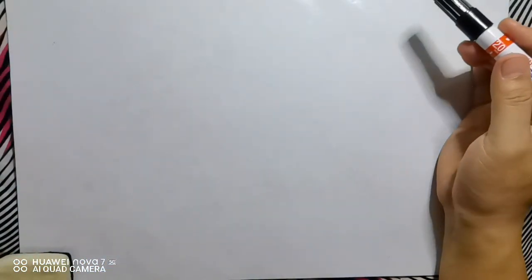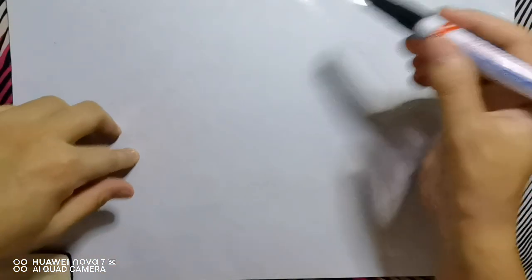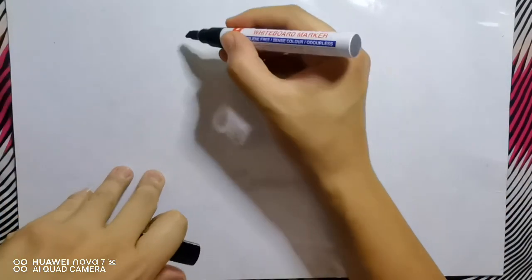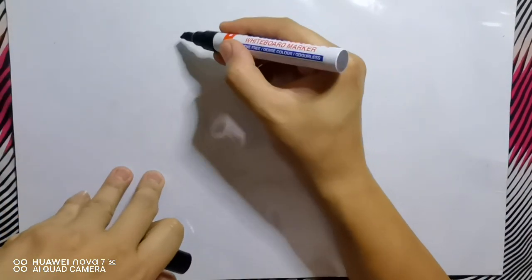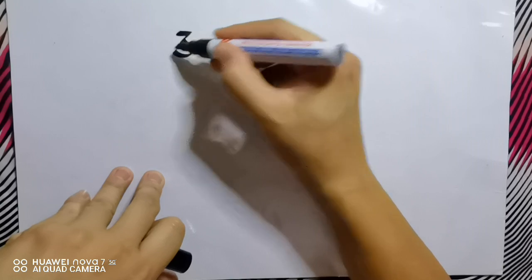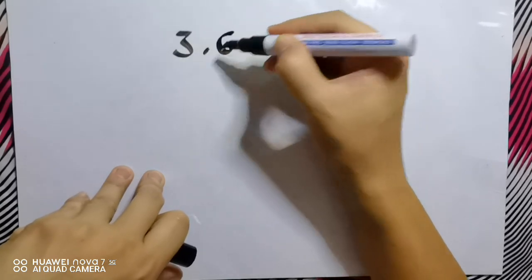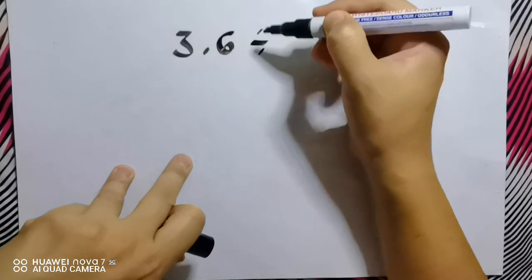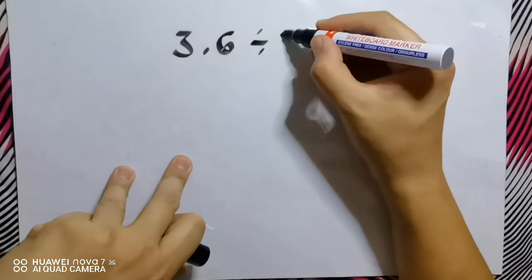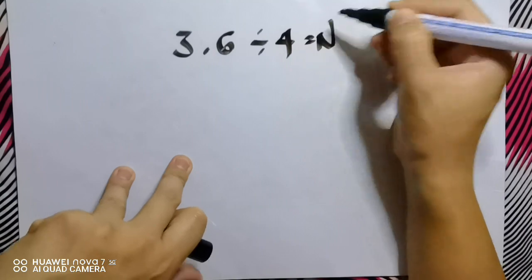Now, paano naman kung let's say meron tayong 3 and 6/10 divided by 4 equals n. Okay?